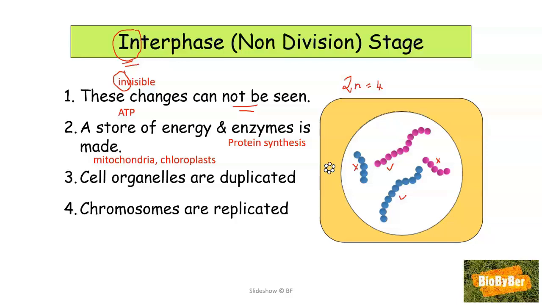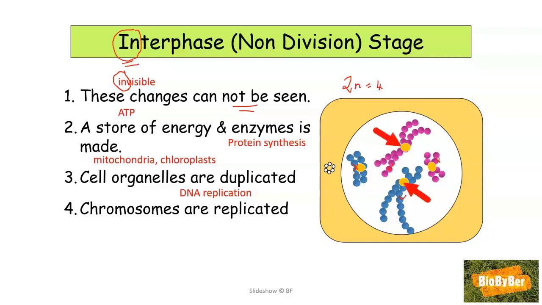Now these changes, as we've already said, are invisible, but the chromosomes replicate. In other words, DNA replication takes place. This process is invisible, but the chromosomes make an exact copy of themselves during interphase. The sister chromosomes, or sister chromatids technically speaking, are attached to one another by the centromere.